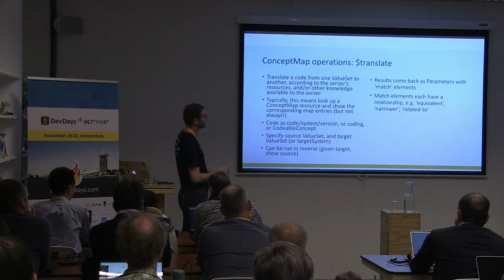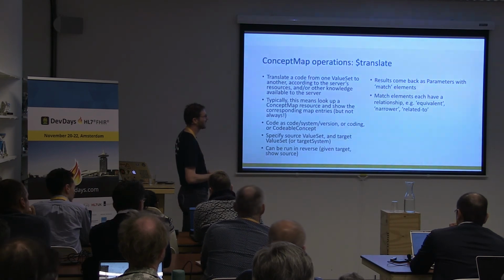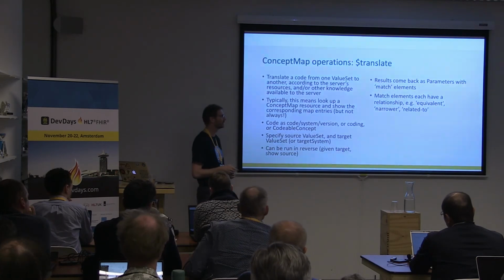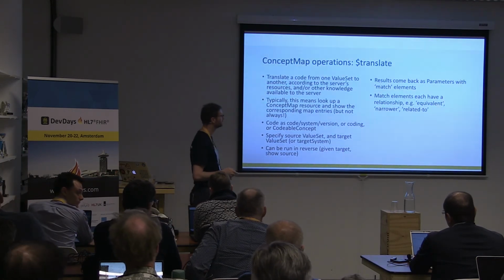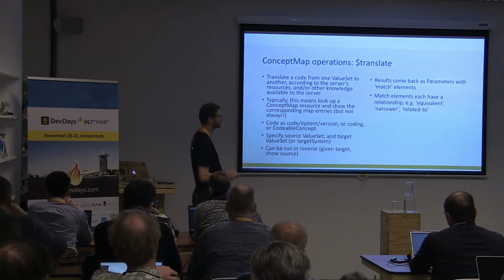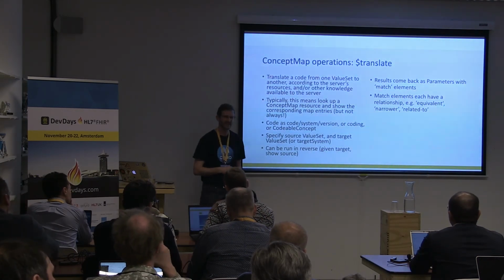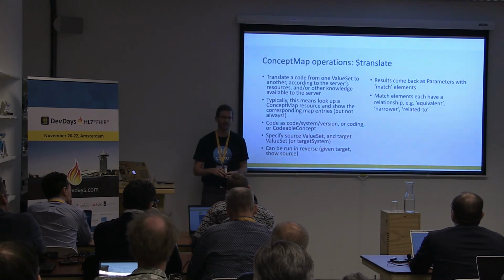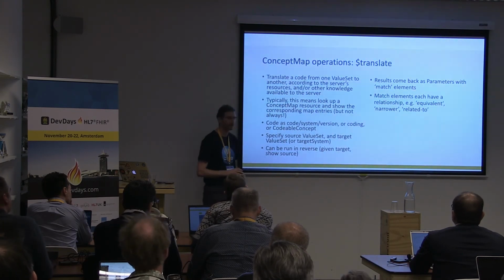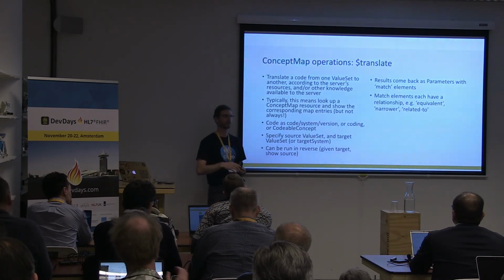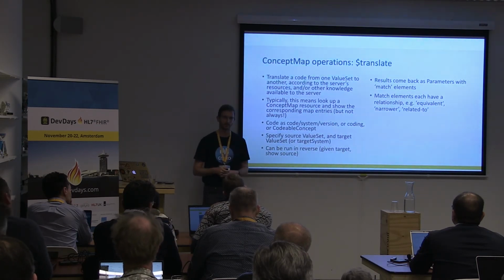The result then comes back as a parameters object with match elements that tell you essentially what the correspondences are with codes in the concept map. Each of those have a relationship. So in FHIR R4, there are about, I think, 10 relationships that are defined. That is going to change in a subsequent release of FHIR. That will be greatly reduced, so it's a simpler set of relationships that are available to choose from.